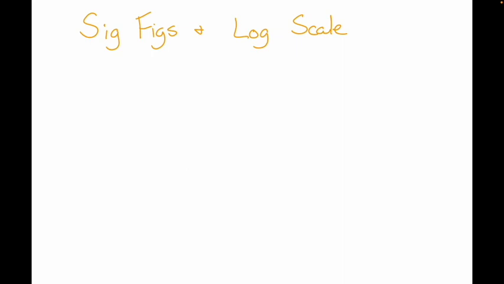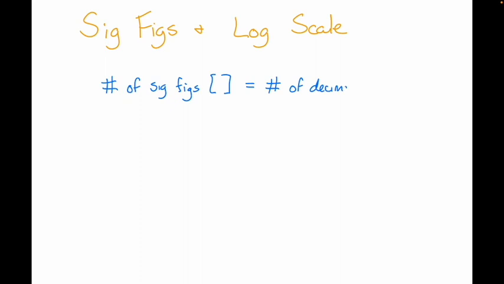Our rule for sig figs and logs is that the number of sig figs in our concentration equals the number of decimal places on our log scale, i.e. our pH. So the number of sig figs in my concentration, that's going to correspond to the number of decimal places in my pH.